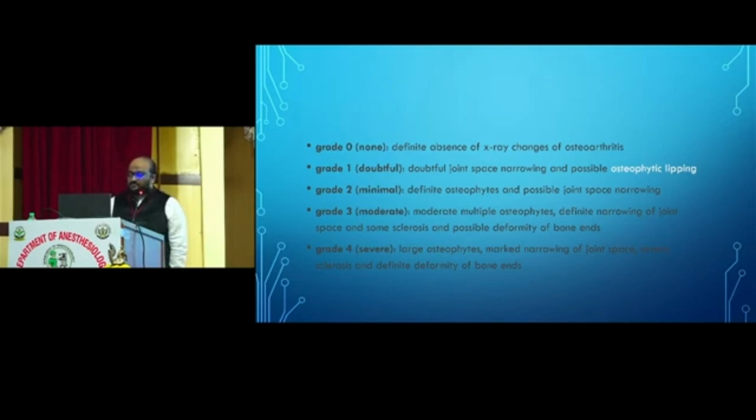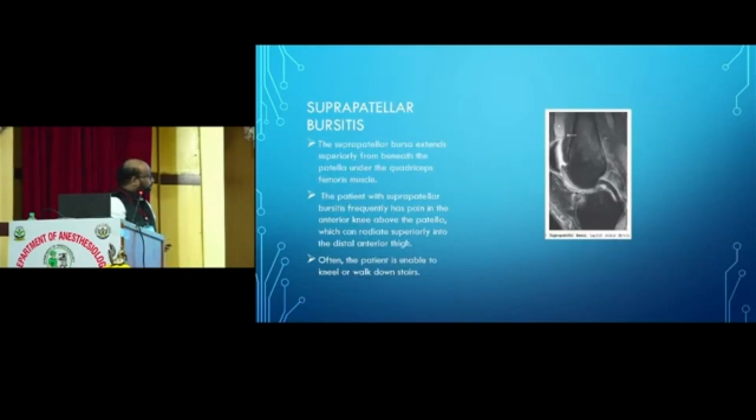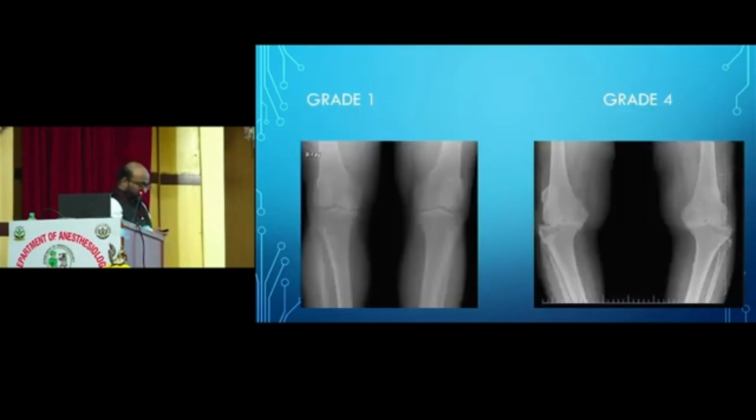And severe is almost bone on bone with large osteophytes, marked narrowing of joint spaces. So this is the range of the X-ray. This is the joint space, minimally narrowed here, and this is almost bone on bone, so this is grade 4.